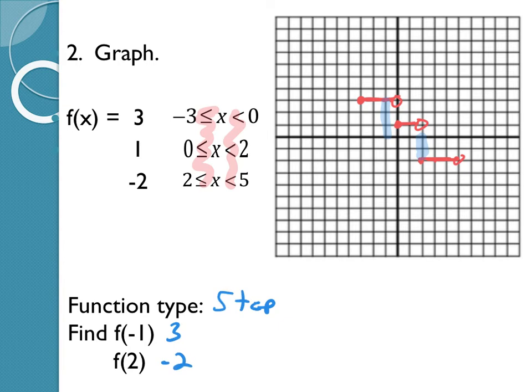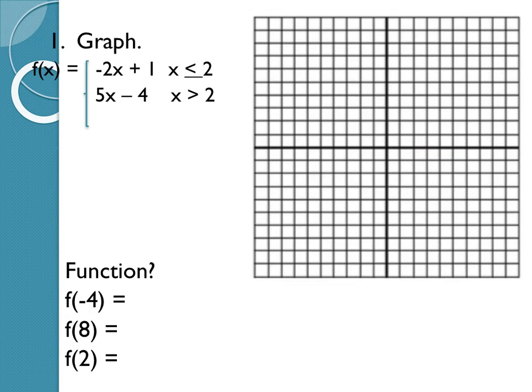Okay, that includes our step functions. Now we're going to go to the piecewise. These are called piecewise, P-I-E-C-E, wise. Now, we're just going to do these on the calculator. And the way that you put this in the calculator is you enter it. Now, you can do them in Desmos.